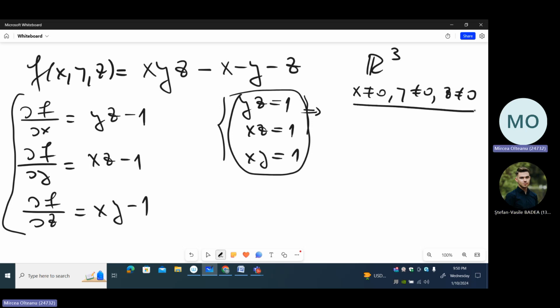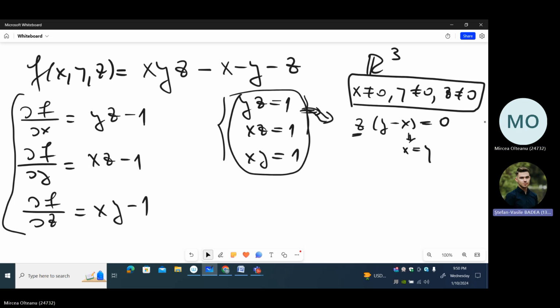So x, y, and z cannot be 0. Now, from the first two equations, if we subtract them, we get that z times (y minus x) equals 0. But z cannot be 0. So necessarily, x must be equal to y.